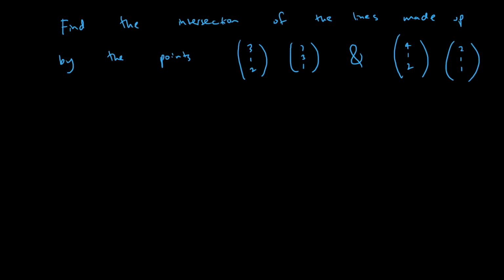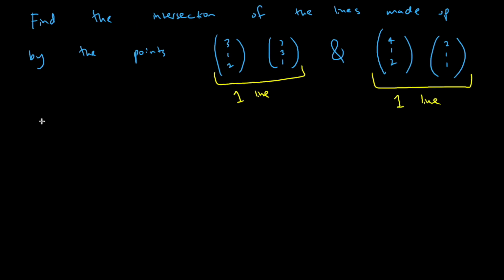All right, so this question is asking for something different. Find the intersection of the lines made up by the points (3, 1, 2), (7, 3, 1). So this is one line, and (4, 1, 2), (2, 1, 1). This is another line. So hopefully we have this equation of a line format memorized, or understood at least.